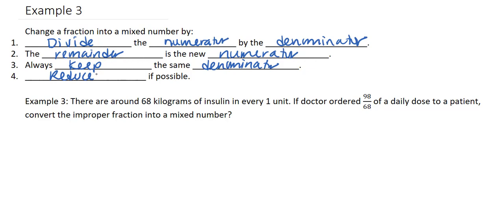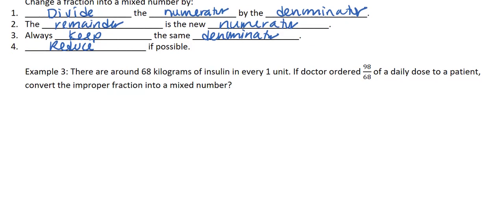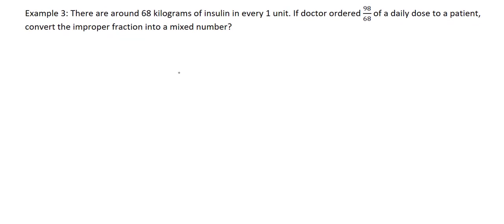So there are around 68 kilograms of insulin in every 1 unit. If the doctor ordered 98/68 of a daily dose to a patient, convert the improper fraction into a mixed number. So what are we going to do? We're going to take this 98 and divide it by 68. Well, 68 can go into 98 one time.